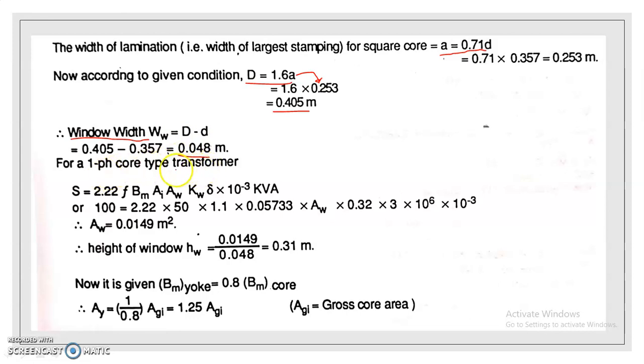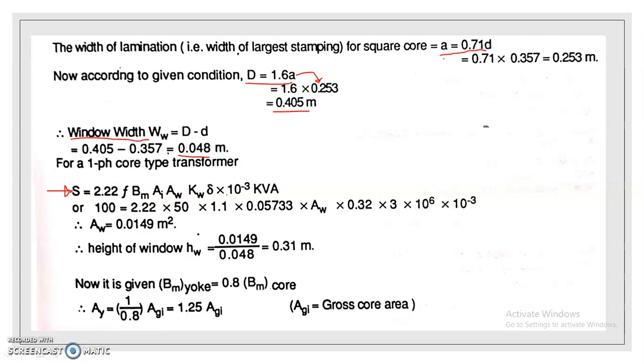For a single phase transformer, you have to use the output equation. S is equals to 2.22 F BM AI AW KW del into 10 raised to minus 3. We have BM, F, AI, and we know del. KW we have to assume a proper value.